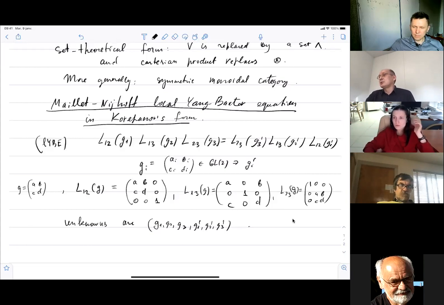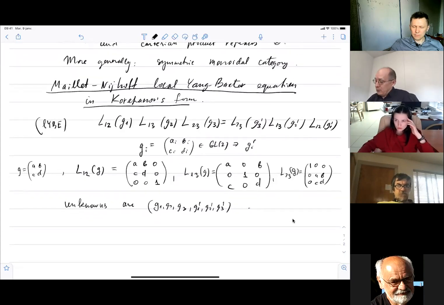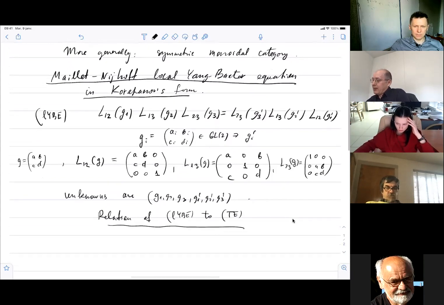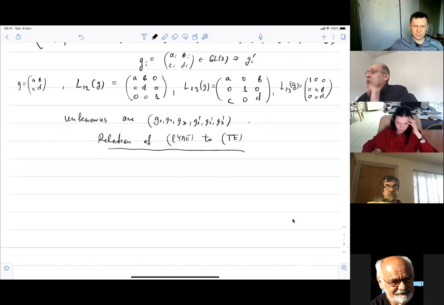And the reason to be interested in this equation is that it is related to the tetrahedron equation, and the relation goes as follows. The relation of the local Yang-Baxter relation to the tetrahedron equation. So what we do is the following.